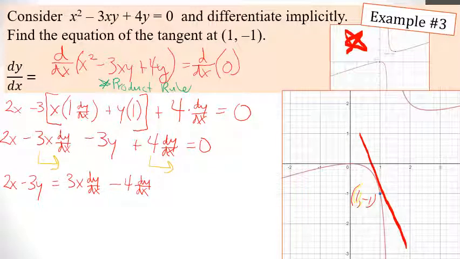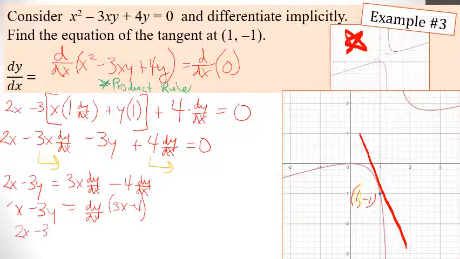And then I'm going to factor out a dy/dx, so 2x minus 3y equals dy/dx times (3x minus 4). Now we'll divide. So (2x minus 3y) over (3x minus 4) equals dy/dx, and that is also the same as y prime.